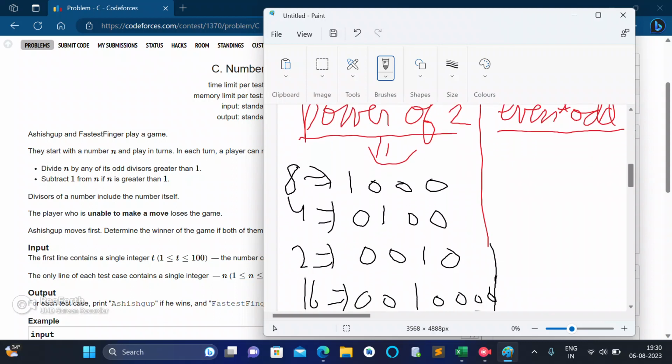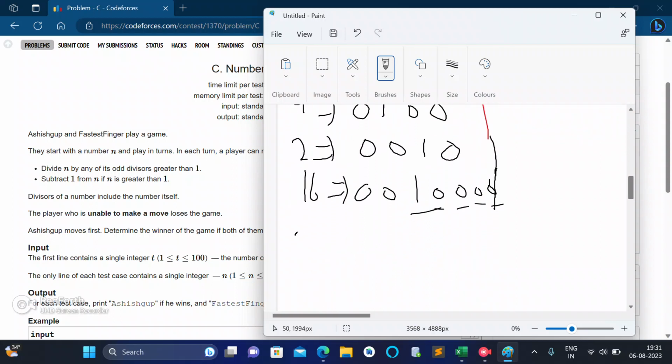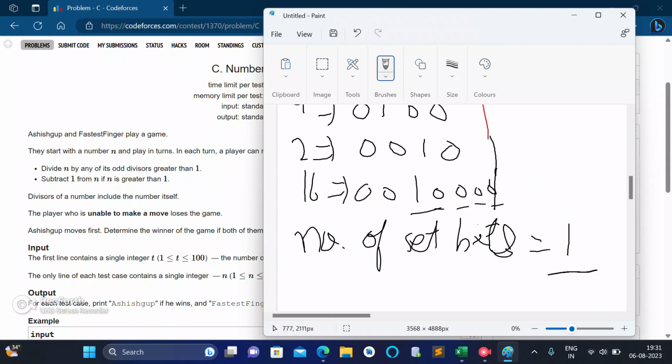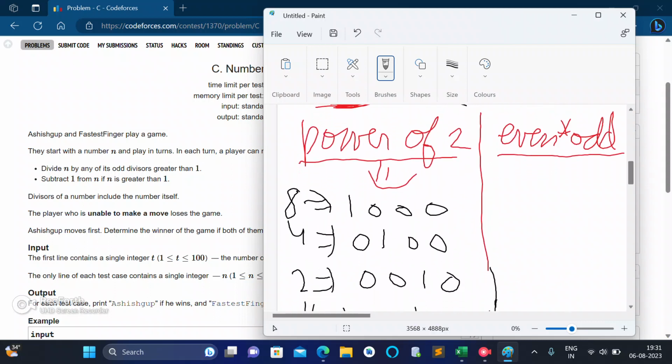So you can see that if the number is a power of 2, then the number of set bits is equal to 1. So remember this: if the number is a power of 2, then the number of set bits is equal to 1.